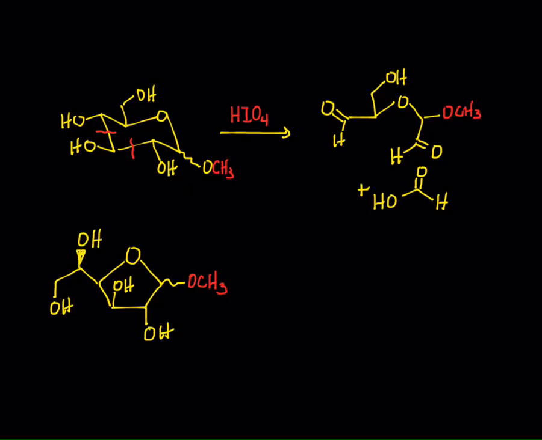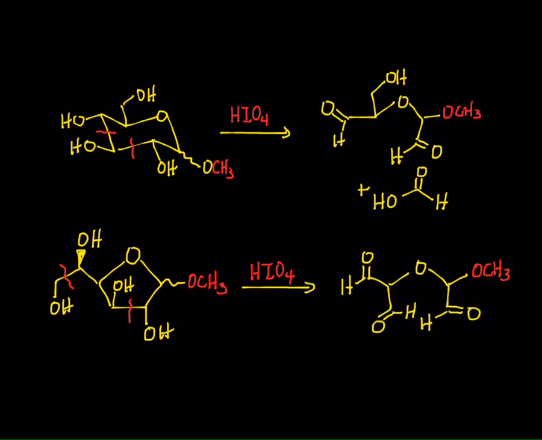Well, again, I can do the same thing, and I can methylate that anomeric carbon, and I can look at the product of reacting this with periodic acid. And so I see when I evaluate this particular structure, again, there are two diols. I would get cleavage at both of these locations, but notice the products are going to be very different, right? So one of the products is this, right?